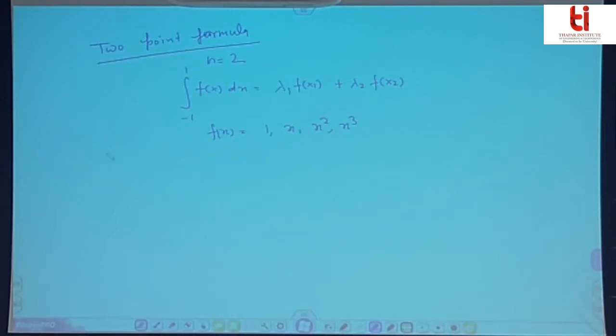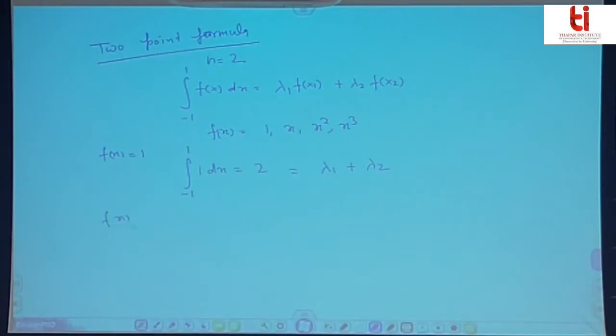So whenever we take f(x) equal to 1, what we get here is the integral from minus 1 to 1 of dx, which equals 2, equal to lambda 1 plus lambda 2.